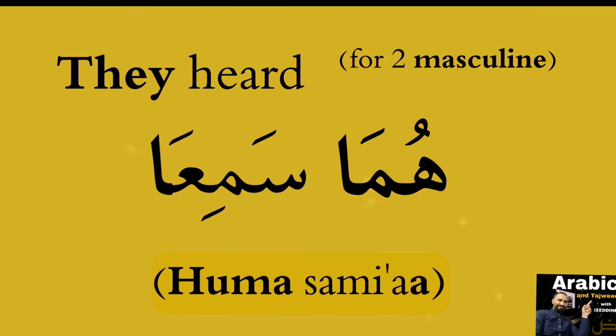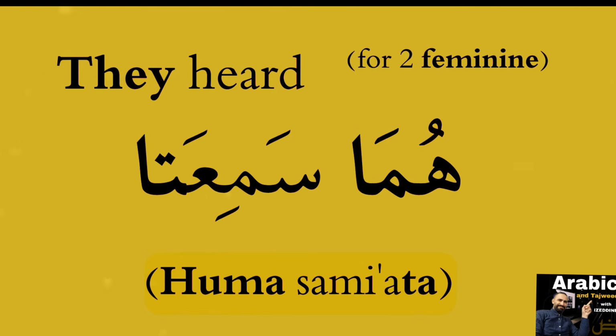She went. هي ذهبت. They heard for two masculines or two males. هما سمعا. هما كتبا. For example, you are talking about two boys. هما قرأا. They read. هما درسا. They studied.